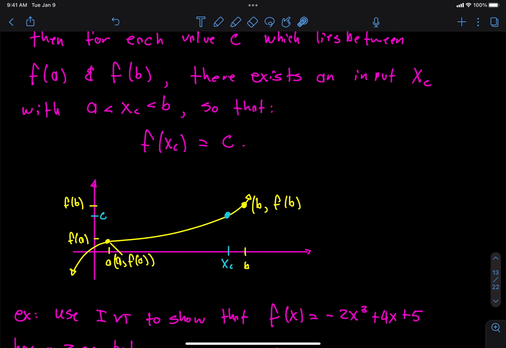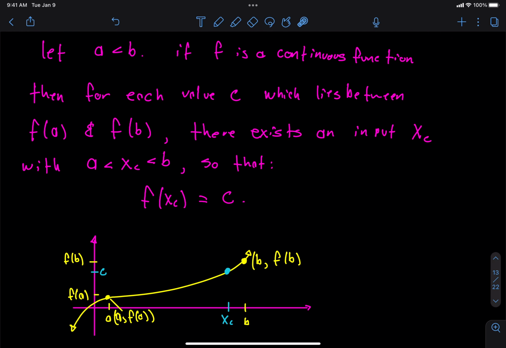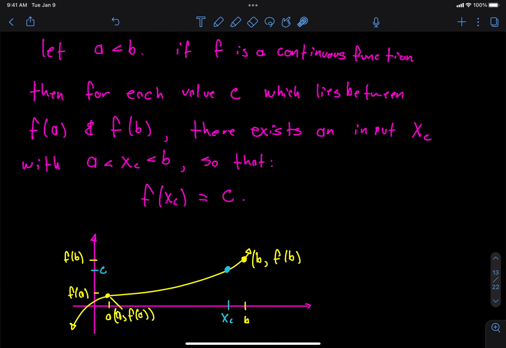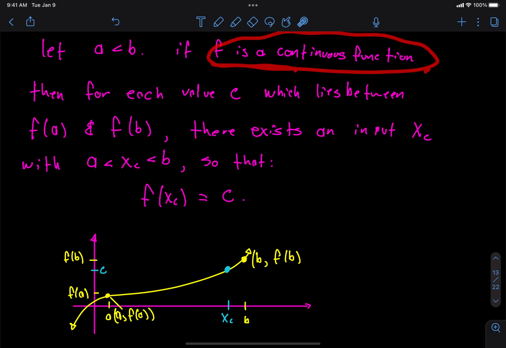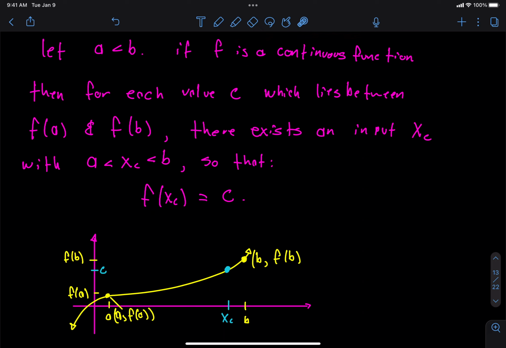So let's take one closer look really quickly at the mathematical statement of that. We say A is less than B, okay? These are our inputs. If f is a continuous function, and this is an extremely crucial condition, f must be continuous, then for each value c which is in between the outputs, okay? In between the outputs.